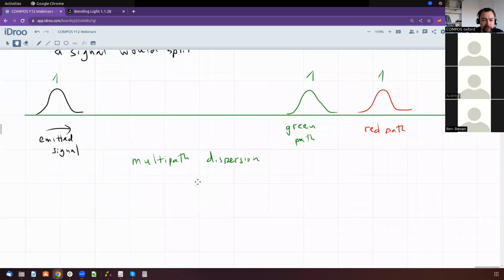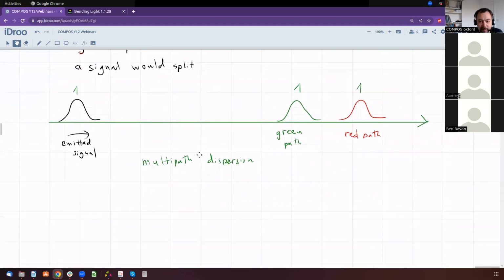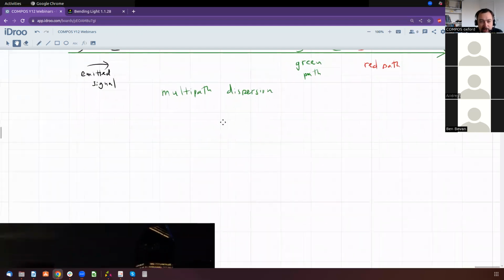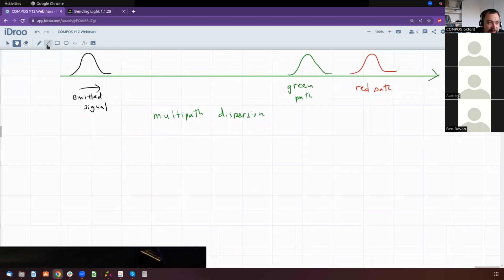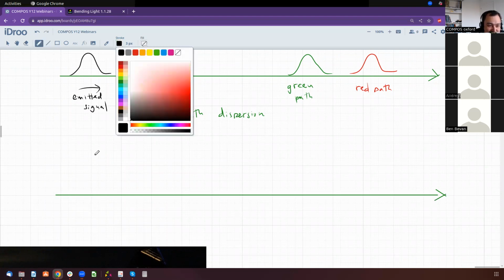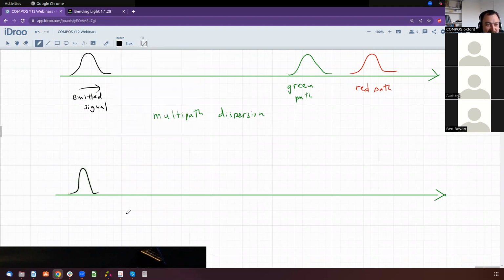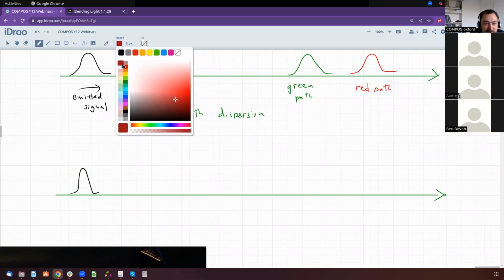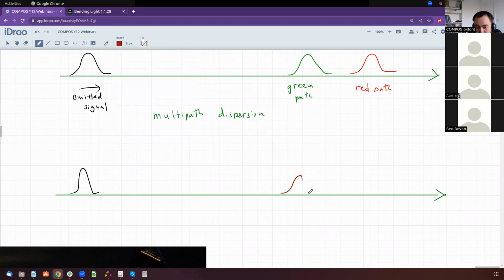I think I'll try to make it the green path, because you're not given two different paths. You're sending a signal. So what is actually happening? You're sending a simple signal, but it gets split into multiple signals.